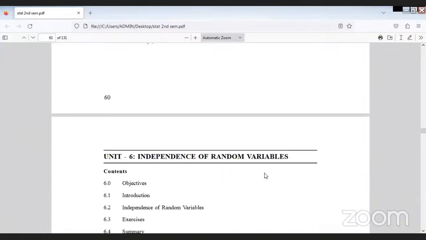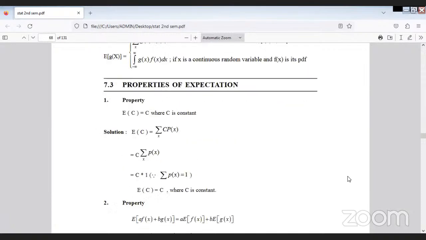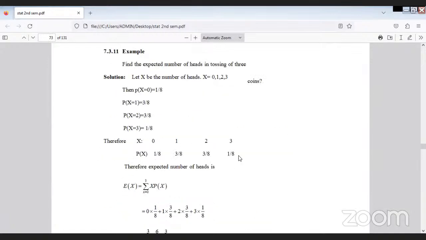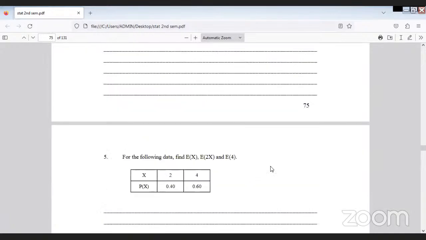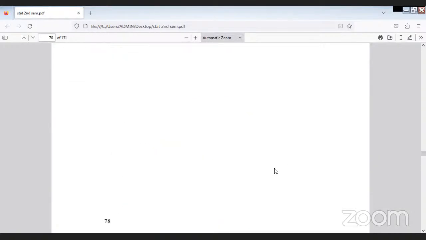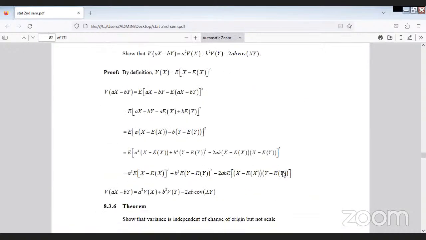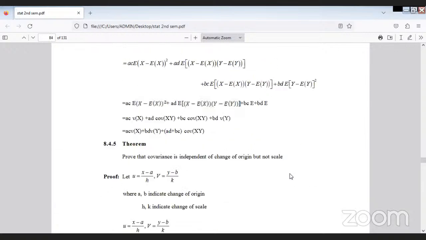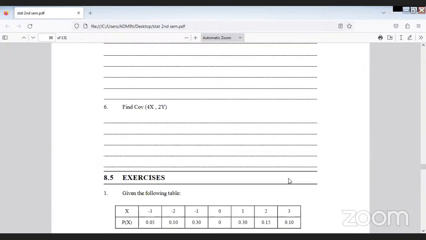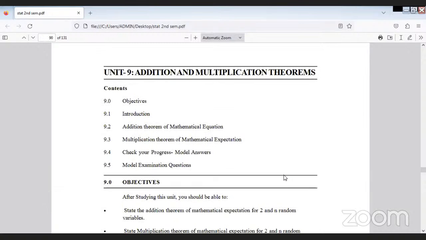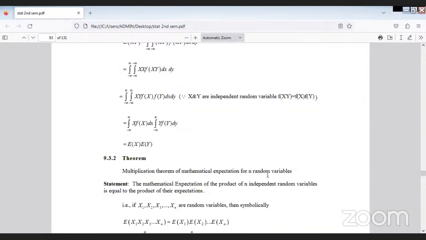Yesterday, which unit were we learning? Sir, yesterday we completed the 10th unit, that is moment generating function and equivalent generating function. Additive multiplication theorem also was completed yesterday.